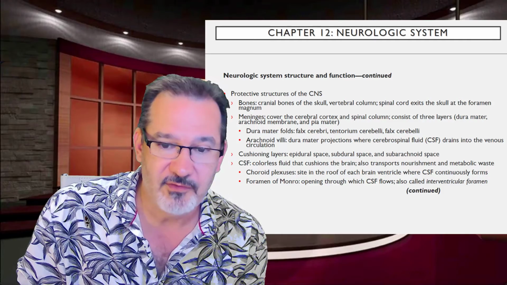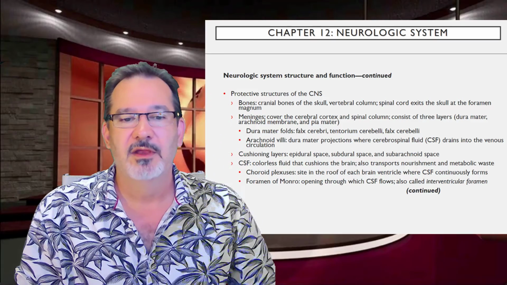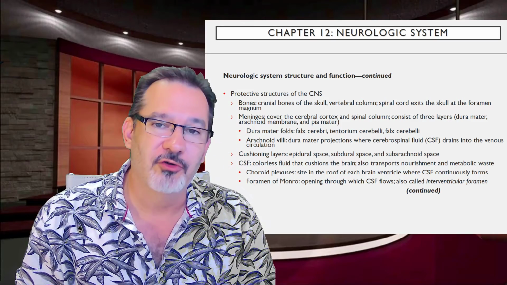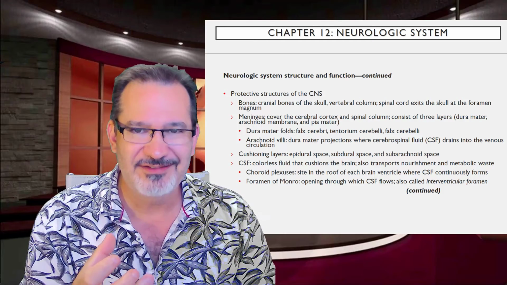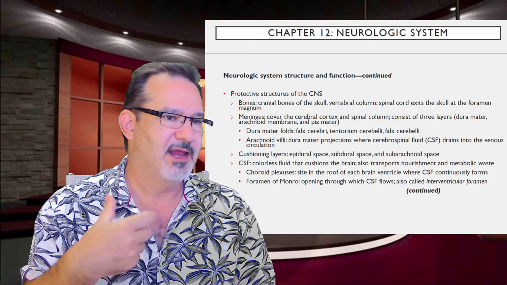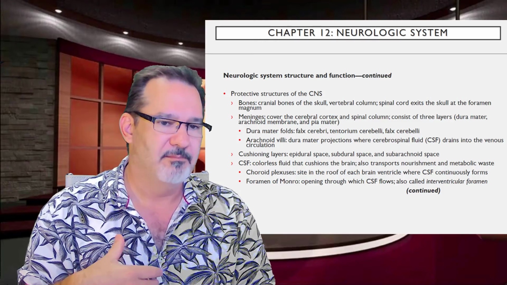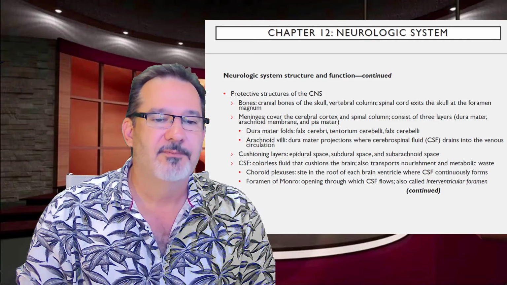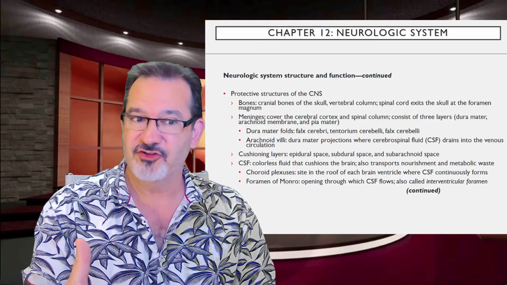Meninges cover the cerebral cortex and the spinal column, hence the term meningitis. An inflammation of these meninges can cause severe issues like partial paralysis, full paralysis, possibly even death. So when meninges become inflamed, that's meningitis.